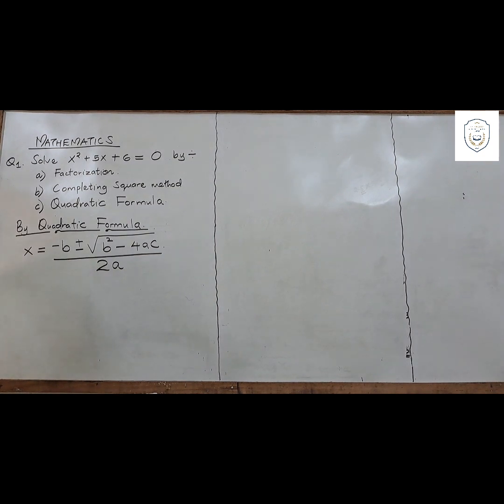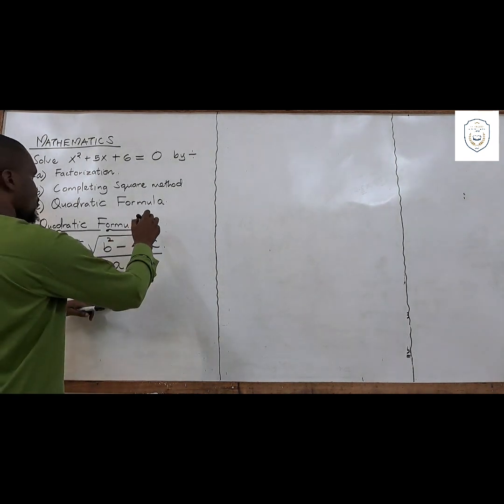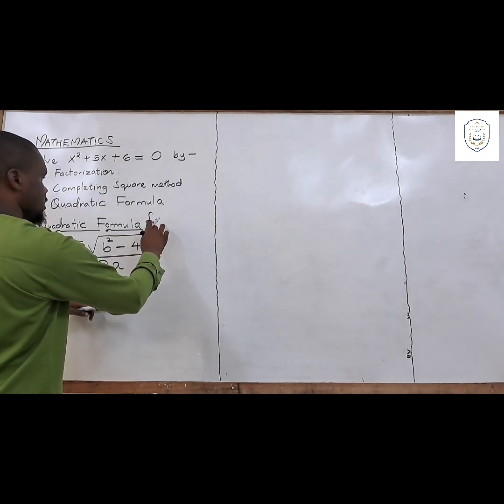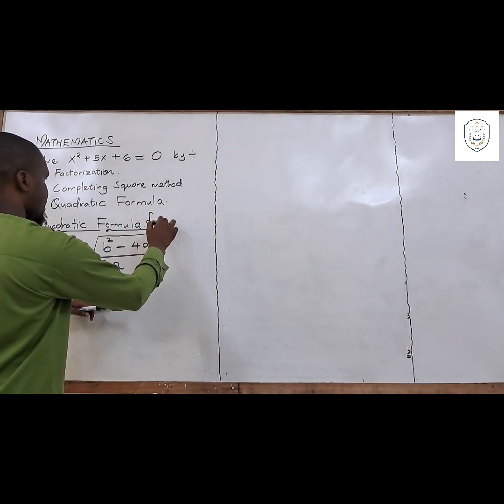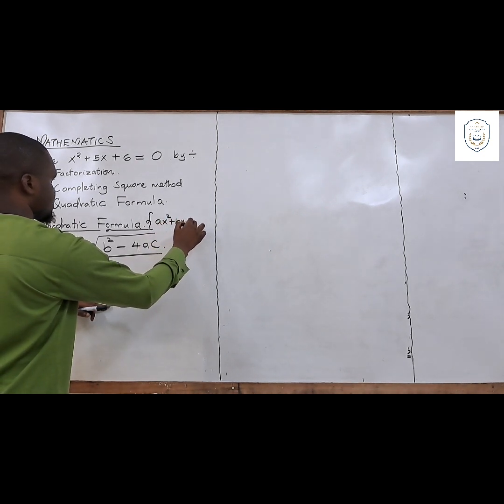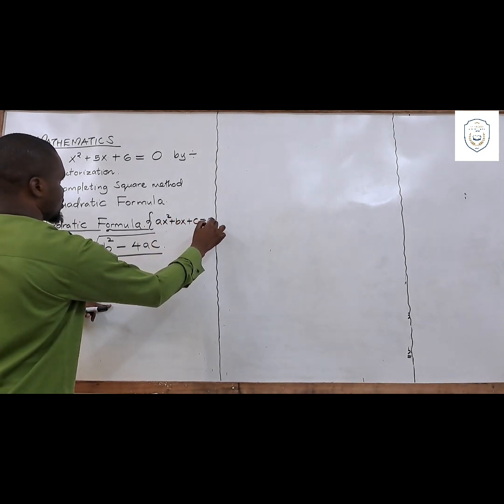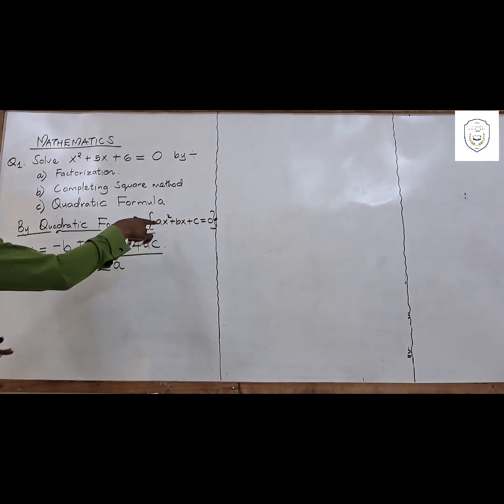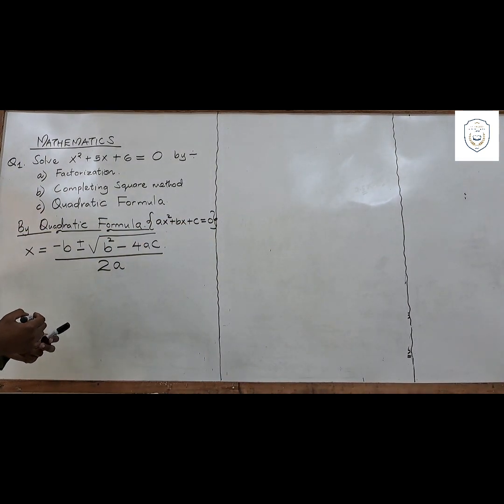We have already discussed that a quadratic equation takes the form ax squared plus bx plus c equals 0. So considering that we know the form that the quadratic equation takes, we compare this to our equation.